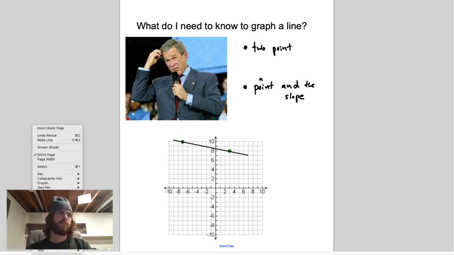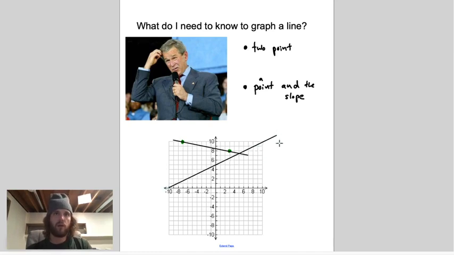Let's get the line tool. What if I wanted a line that had a slope of 1/2, which this one does? Now, how many lines have a slope of 1/2? There are an infinite number of lines that could have a slope of 1/2.